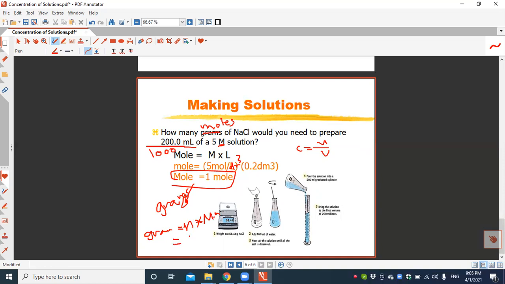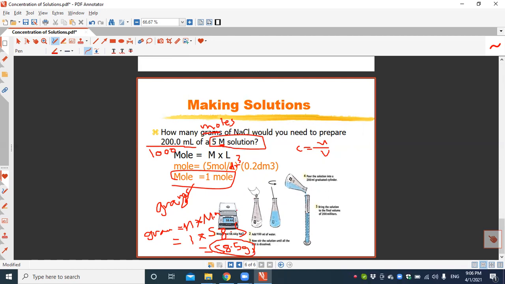So the number of moles is 1 times the molar mass of NaCl, Na 23 plus Cl 35.5, which is 58.5. So the mass we need is 58.5 grams of NaCl, to get a 5 molarity solution, 5 moles per liter decimeter cube.